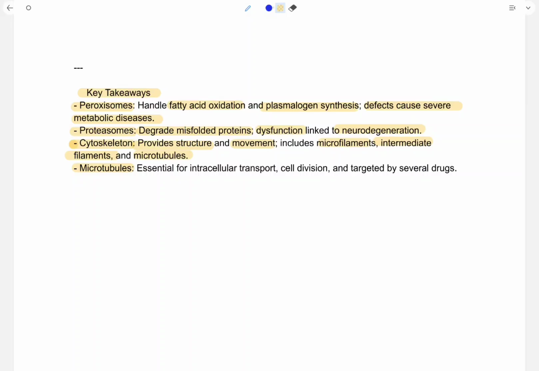It includes microfilaments, intermediate filaments, and microtubules. Microtubules are essential for intracellular transport and cell division, and they are targeted by several drugs we have discussed.